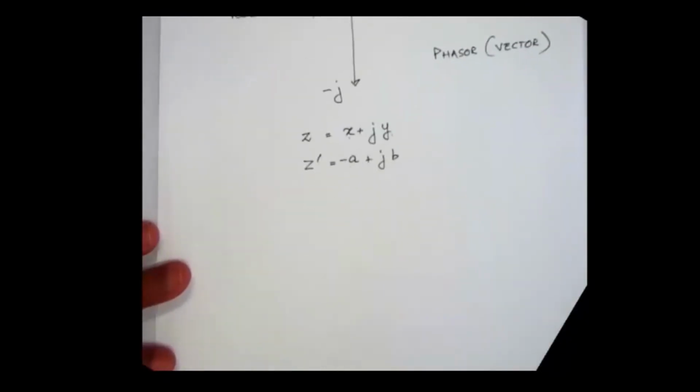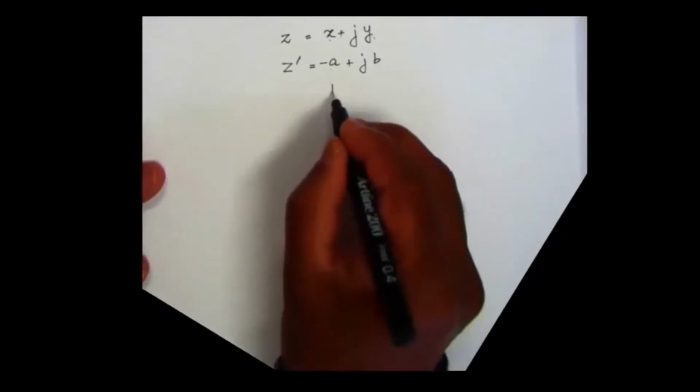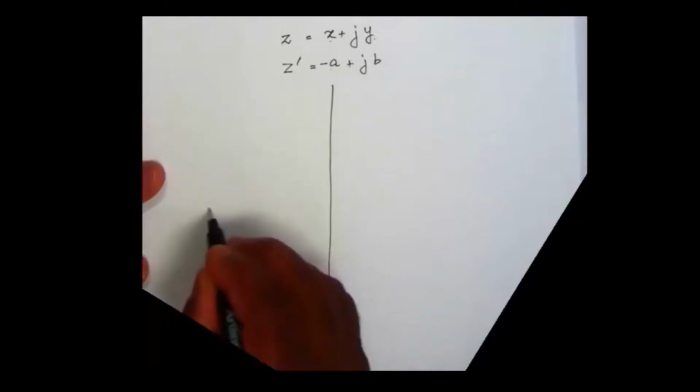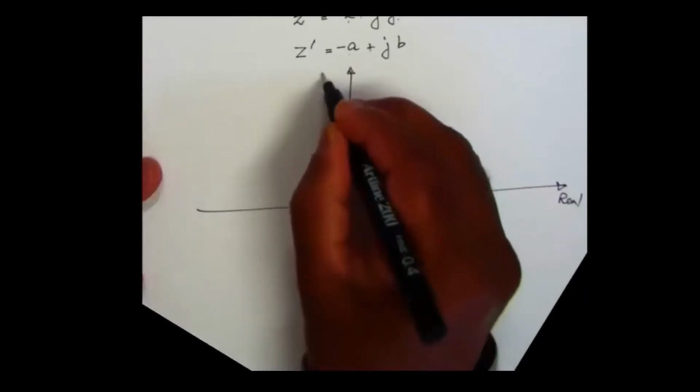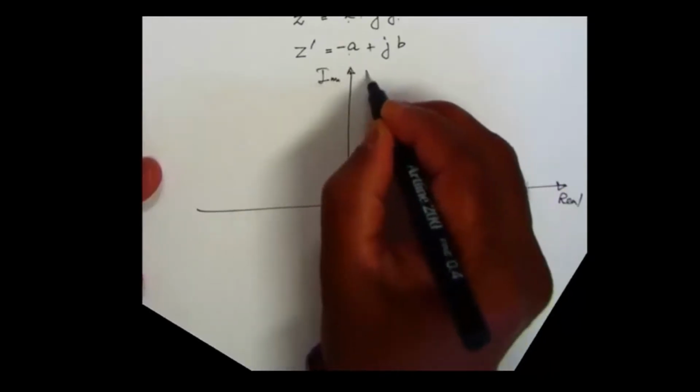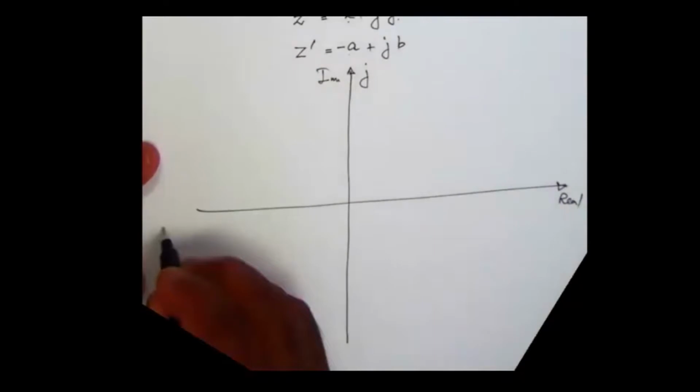So let's have some real values instead of this x and y. So we will have the real axis again and the imaginary axis, the j there, and negative real axis and negative imaginary axis. Right.